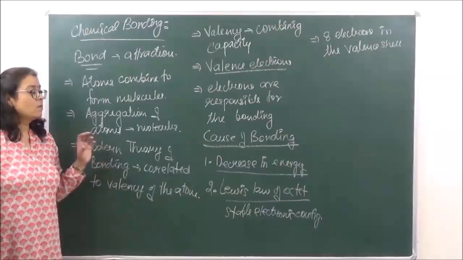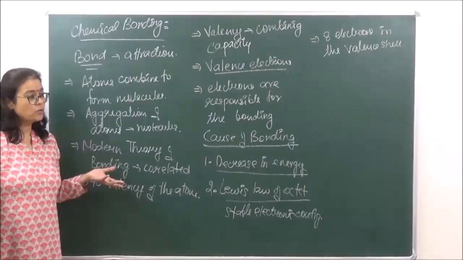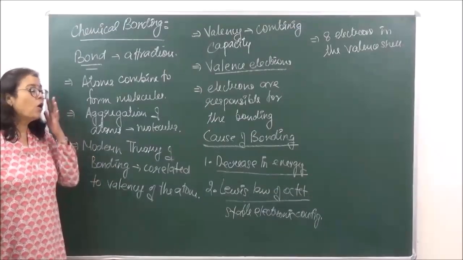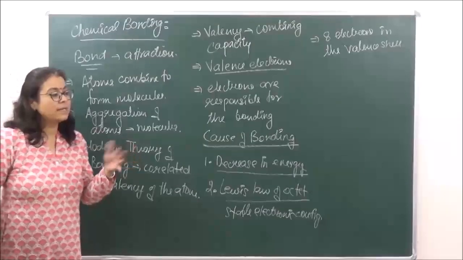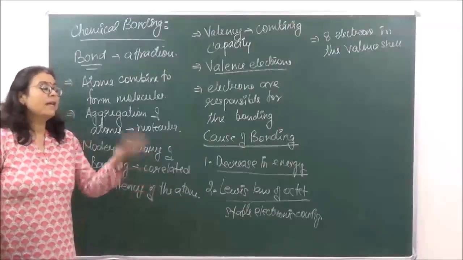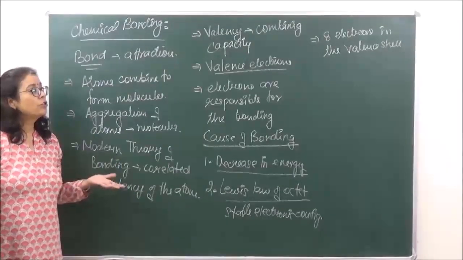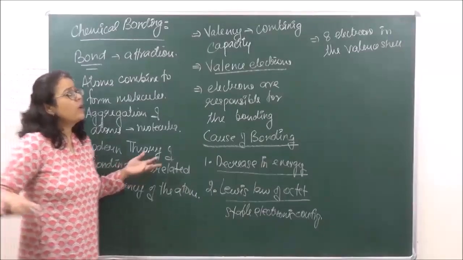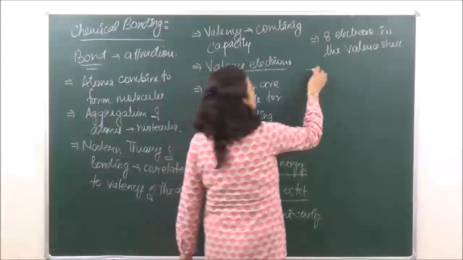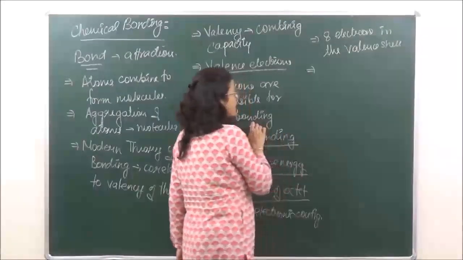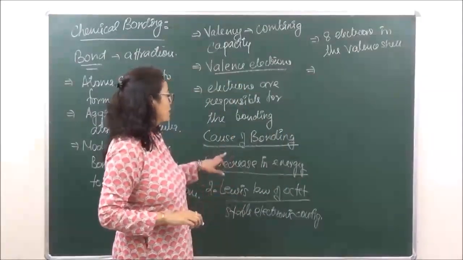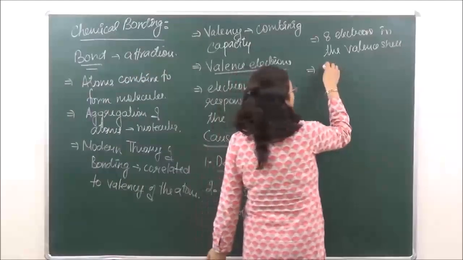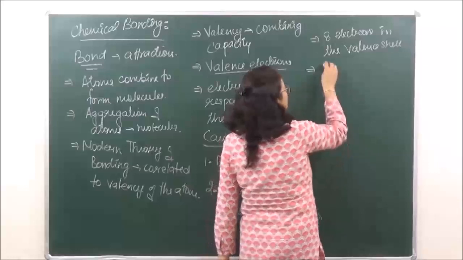That is the reason why they will either share electrons with others in order to attain a noble gas configuration, or they will transfer, that is donate or accept electrons, in order to attain the octet rule. But there were 2-3 exceptions to the octet rule which were then explained on the basis of decrease in energy. What were these exceptions?